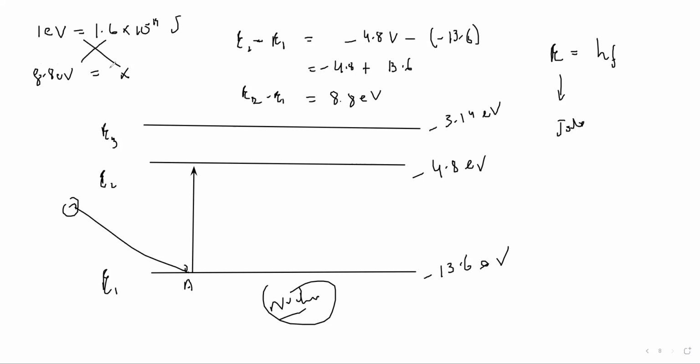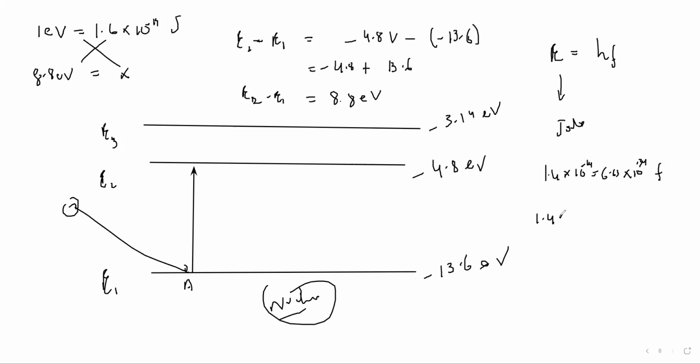Cross multiply: 8.8 multiplied by 1.6 into 10 to the power minus 19. What is the answer? It should be 1.4 into 10 to the power minus 18. Now the Planck's constant is 6.63 into 10 to the power minus 34, and you are finding the frequency.